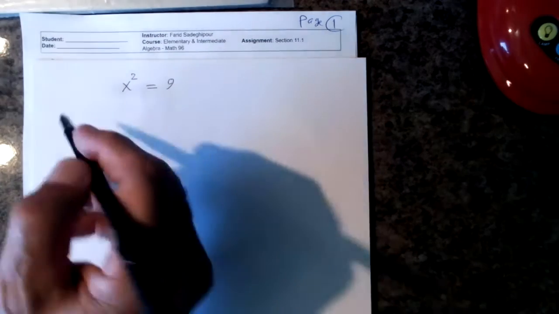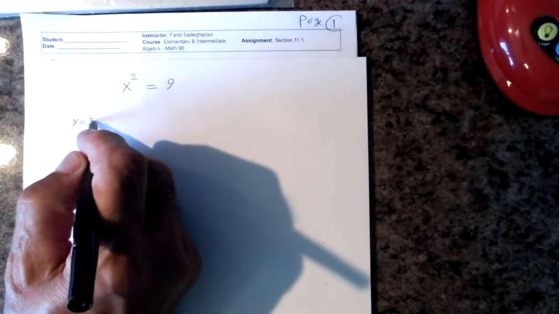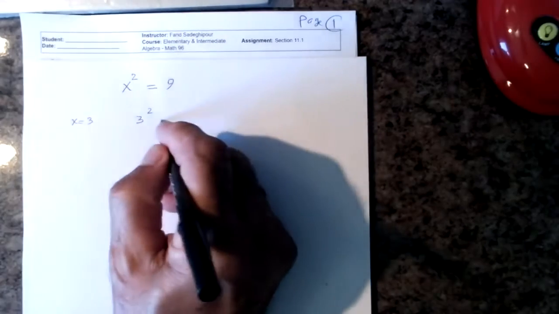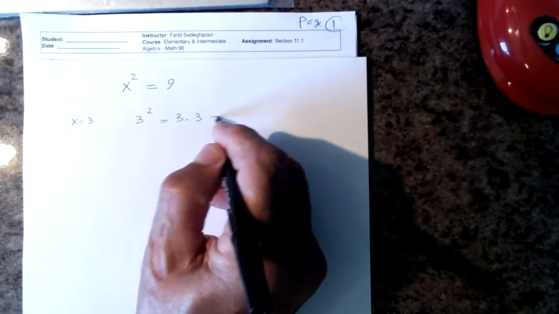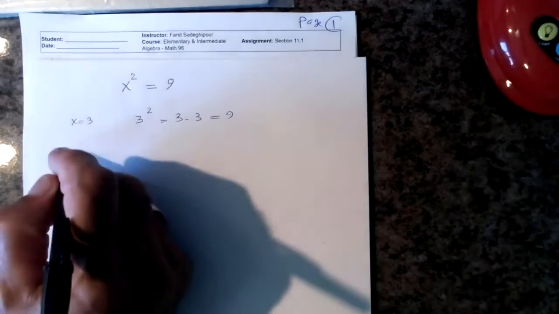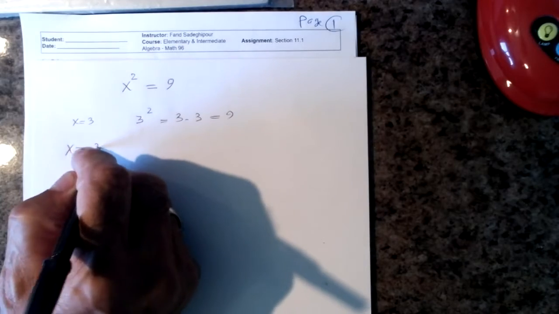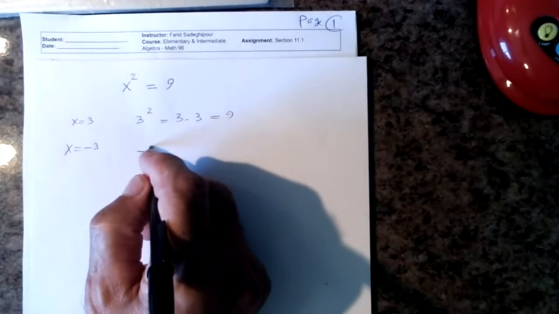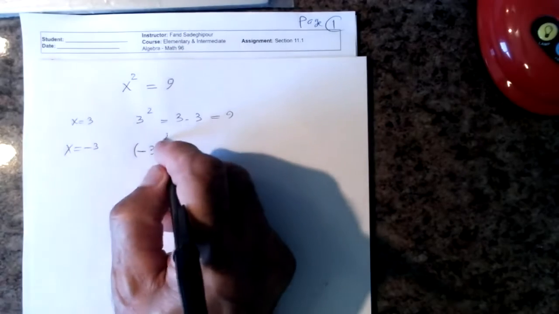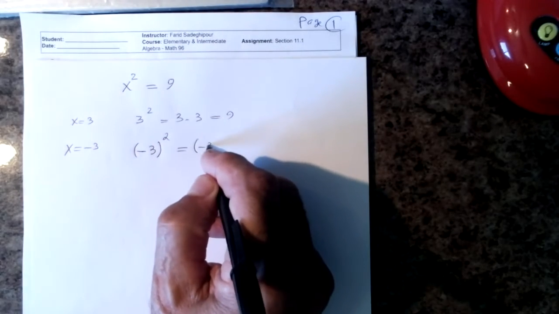One is 3, because 3 to the power of 2 is 9. But that's not the only number. Negative 3 is also an answer, because negative 3, and you have to put parentheses around it, to the power of 2 is also 9.